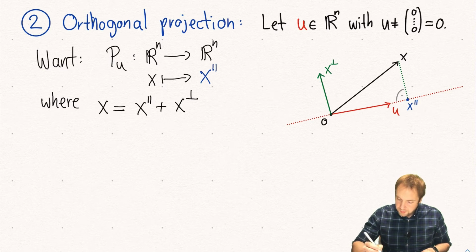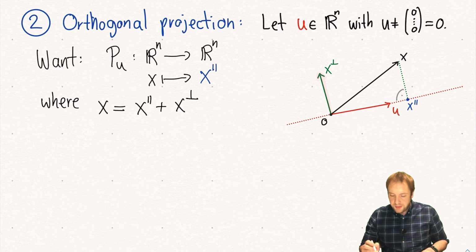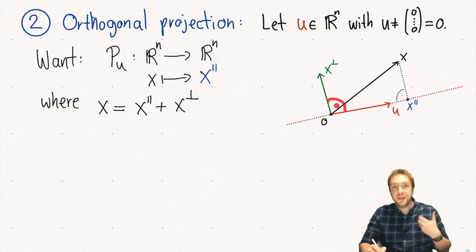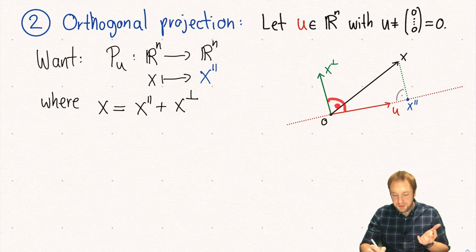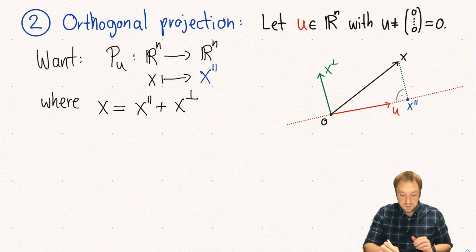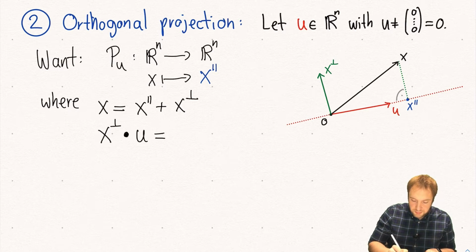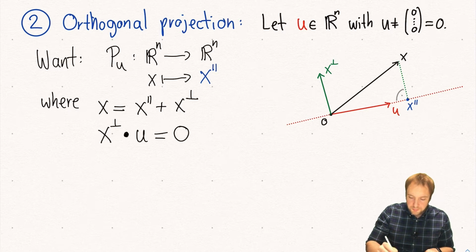And what do we mean by x orthogonal? Well, this vector here is orthogonal to u. And what does orthogonal mean? We defined this vector to be orthogonal to u if the dot product is 0. So the first condition is that the dot product of u and this x orthogonal should be 0.